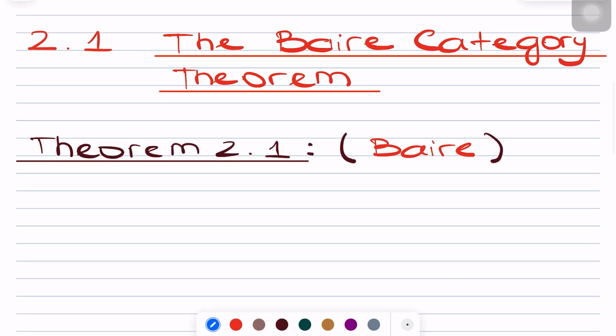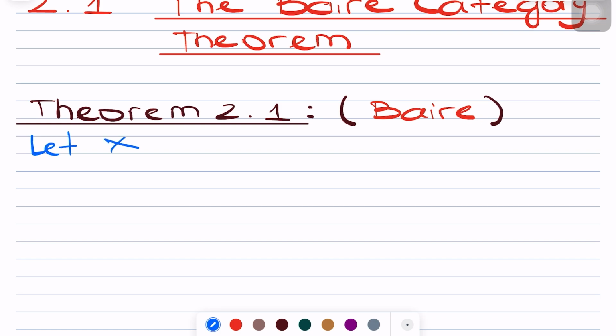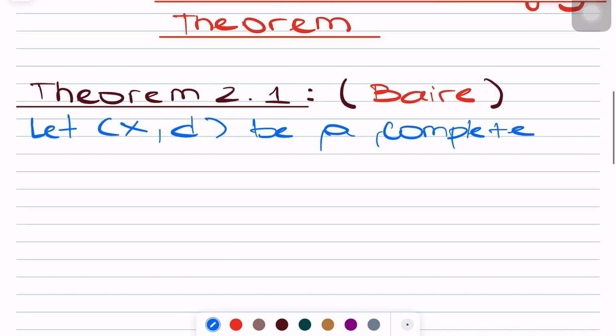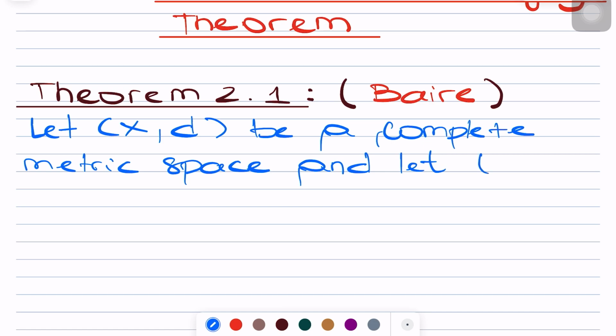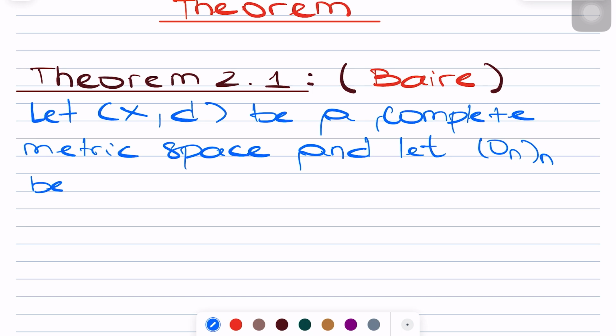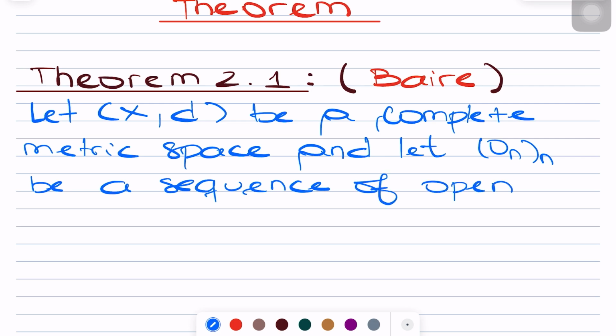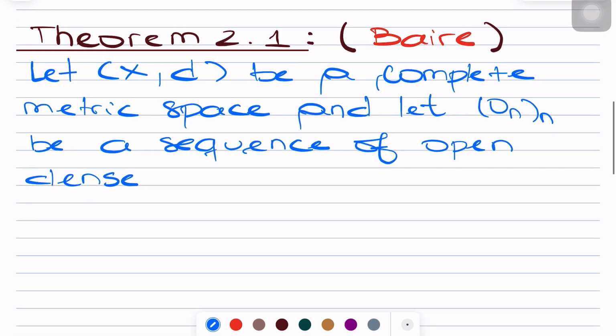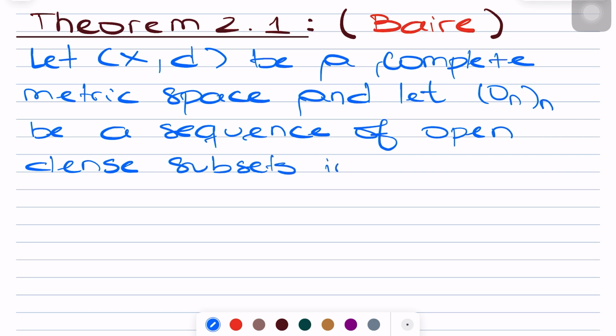So let X be a complete metric space. So maybe I write, let (X, d) be a complete metric space, and let O_n be a sequence of open dense subsets in X. So let me highlight that the O_n are actually open and dense.